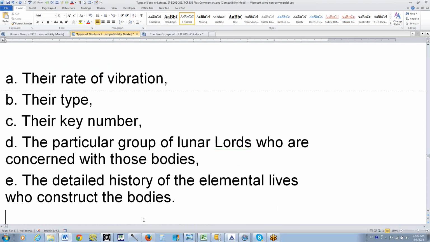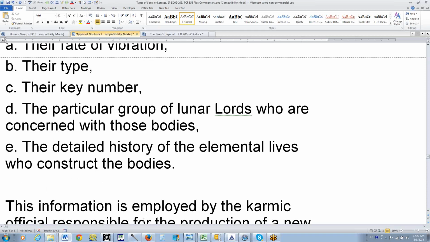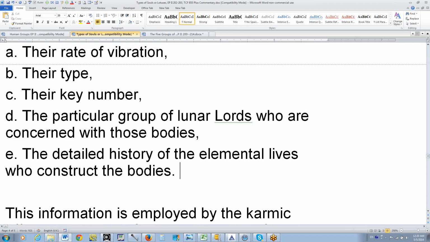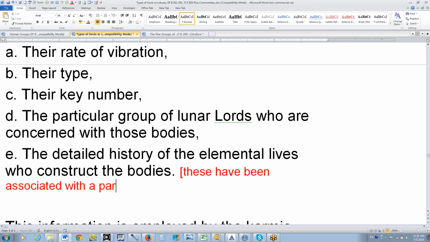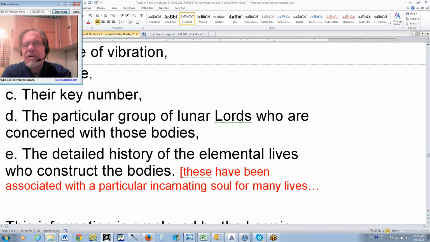The particular group of lunar lords who are concerned with those bodies, and I suppose they can be classified according to their development, higher or lower, and the detailed history of the elemental lives who construct the bodies. They have been associated with a particular incarnating soul for many lives. And they are gathered and regathered continually.